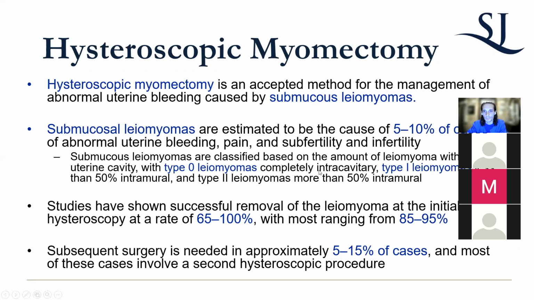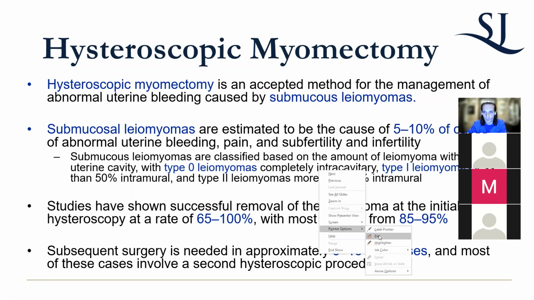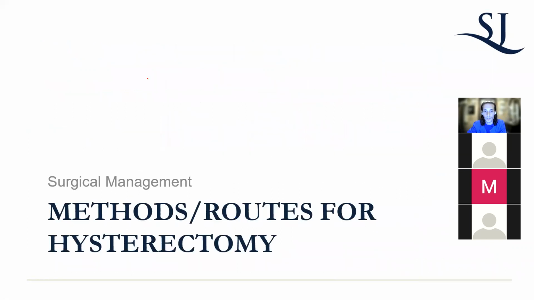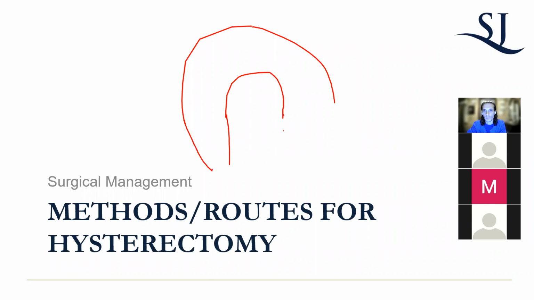So if you have exclusively submucosal myomas, you can use a procedure called hysteroscopic myomectomy, that essentially you have your uterine cavity, you have your myomas here. You could use an instrument called a MyoSure. That's a trade name. There's other ones, but this is the better one. And it will sequentially eat up this fibroid, and then you're done. I had a video, but I guess it doesn't work.